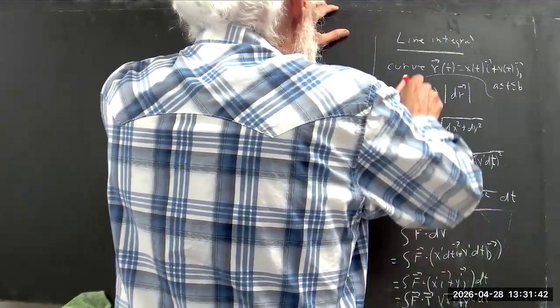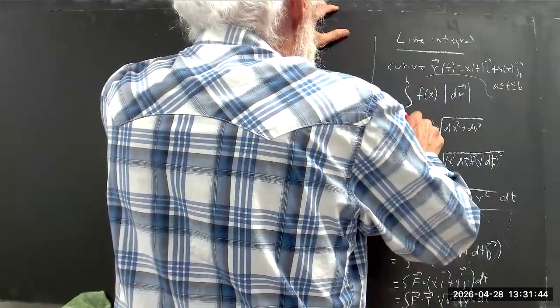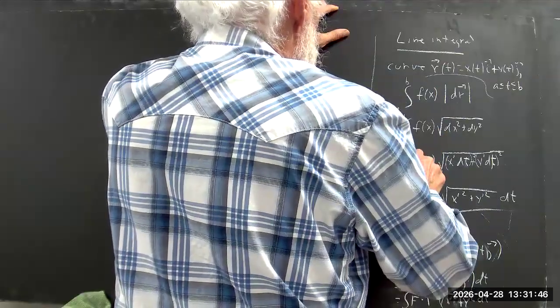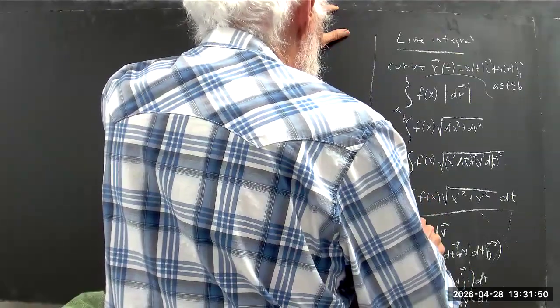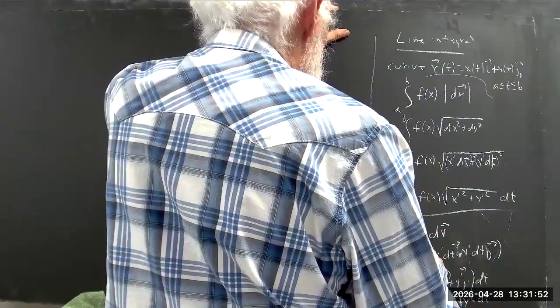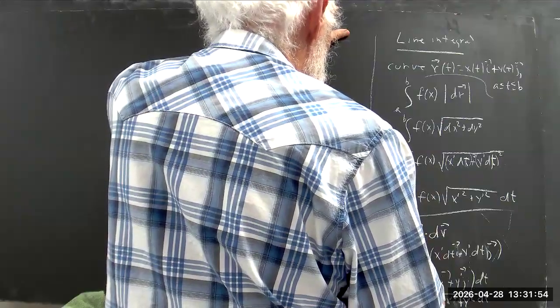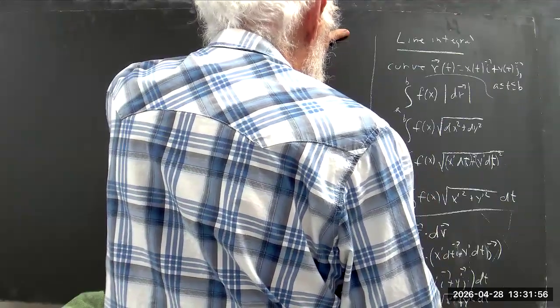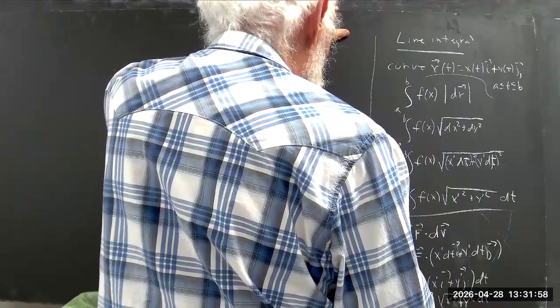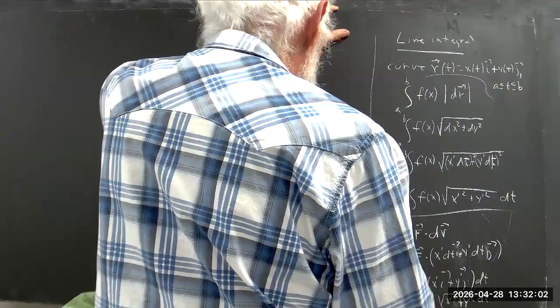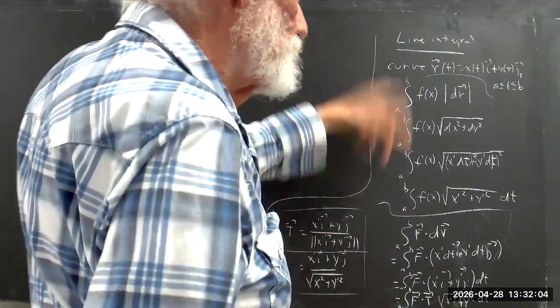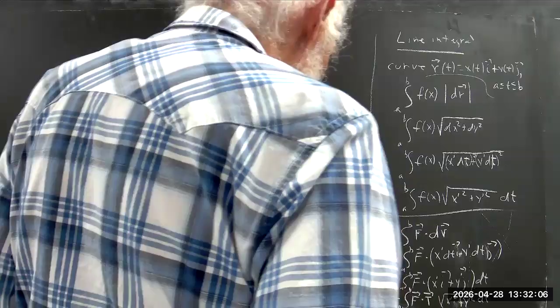So each of these integrals goes from a to b. You're not going to be able to read my a's and b's down here low on the board, but try to have a good imagination. It's always an integral from a to b.